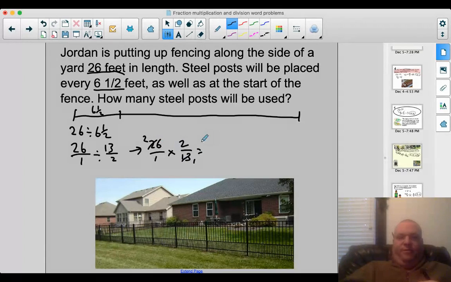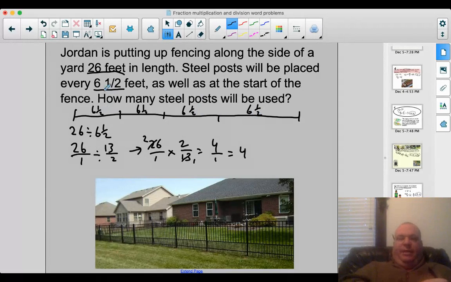On top I have 2 times 2 is 4, 1 times 1 is 1. That gives me 4 over 1 or 4. So that tells me that I can fit 4 of these 6.5 foot sections. That's not really to scale, but let's pretend, because 6.5 goes into this number 4 times.